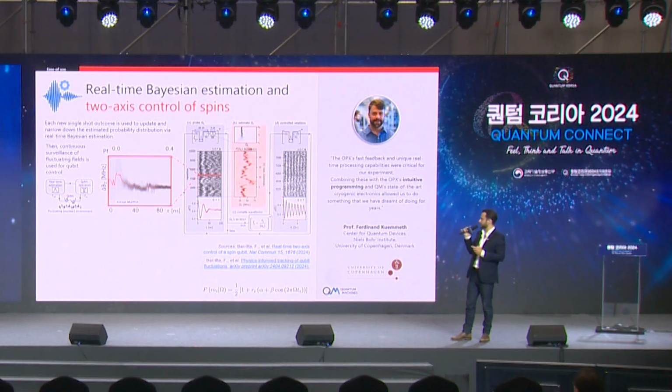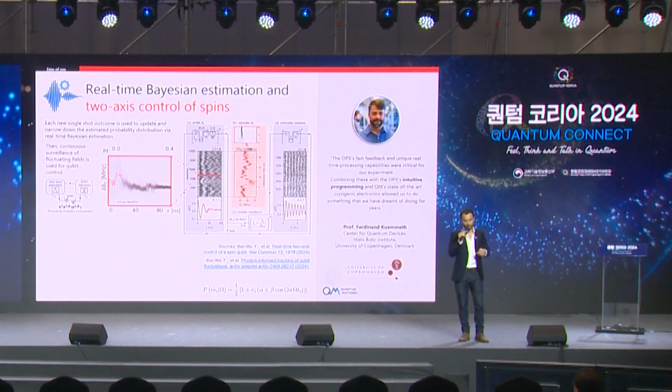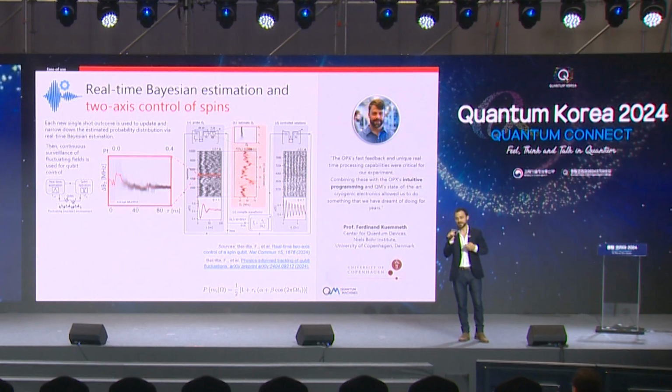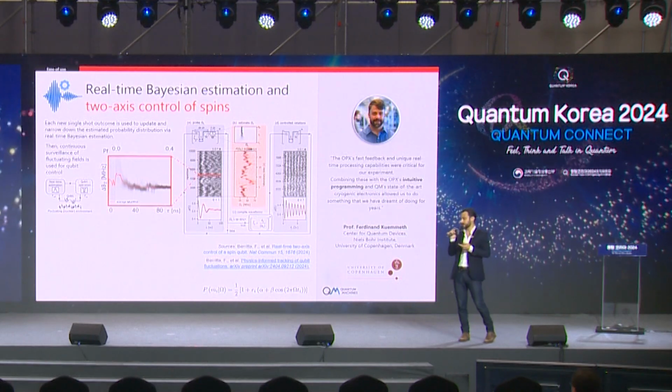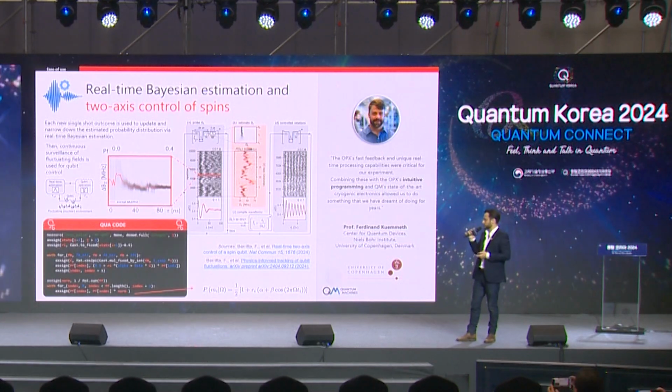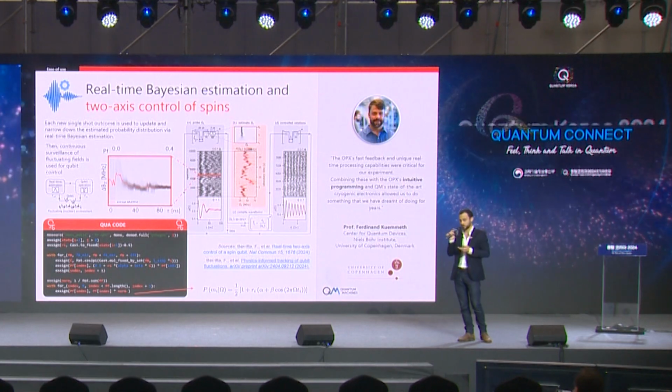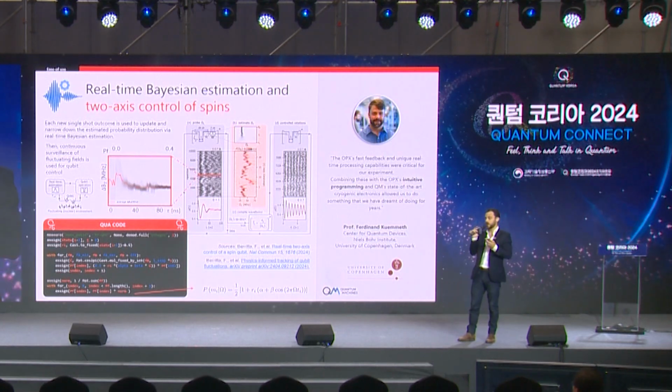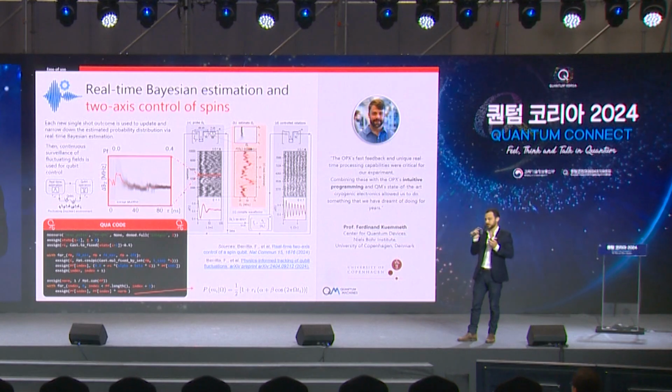Now, implementing a probability distribution and re-estimating it shot to shot is an extremely hard task, and they could have done it just by very simple coding. Because QUA allows you access to the lowest level one could ask for, and it's extremely easy to use.